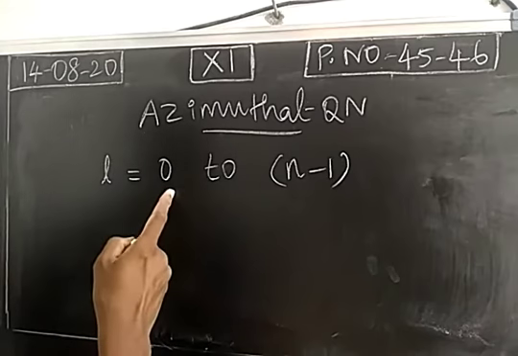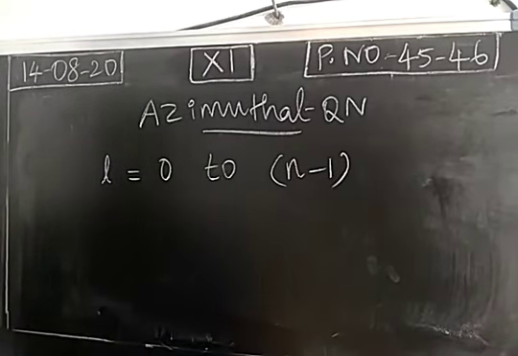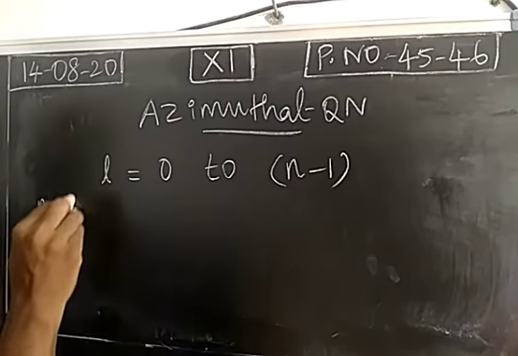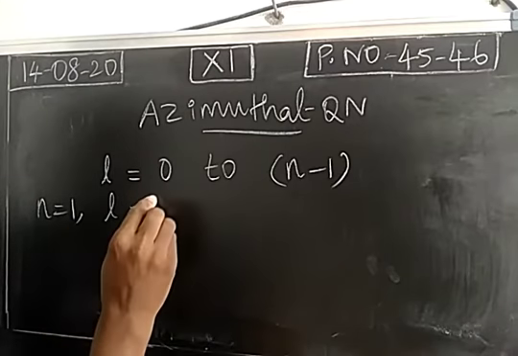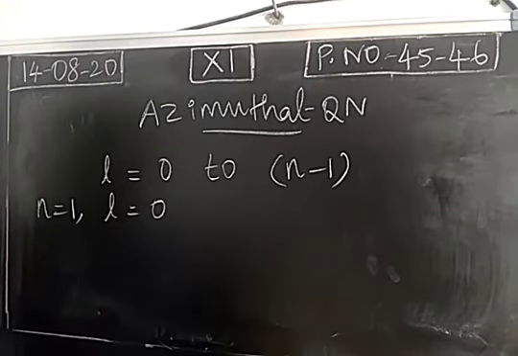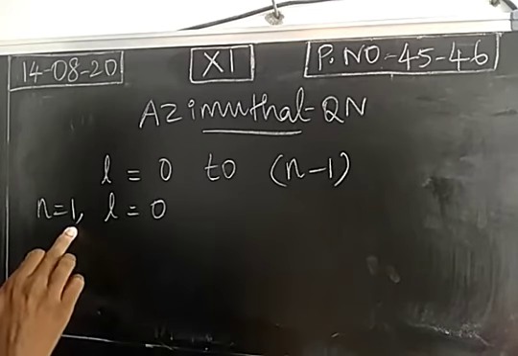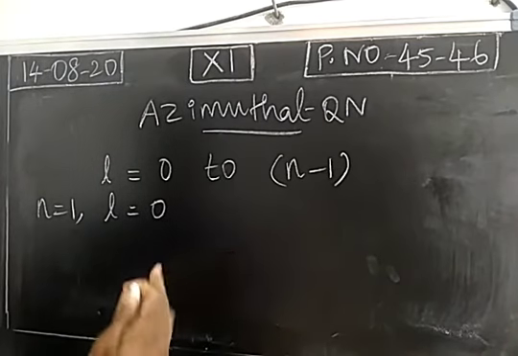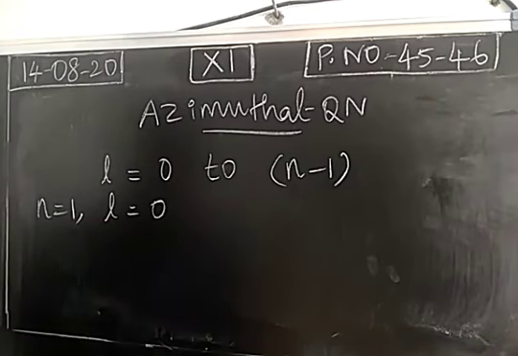Consider principal quantum number 1. We have the first orbit. How will you calculate the azimuthal quantum number? You start from 0 and it should end with n minus 1. So 1 minus 1, n value is what? Principal quantum number value 1. So 1 minus 1, 0. So for the first orbit, azimuthal quantum number value is 0. So this is the way to calculate the azimuthal quantum number.